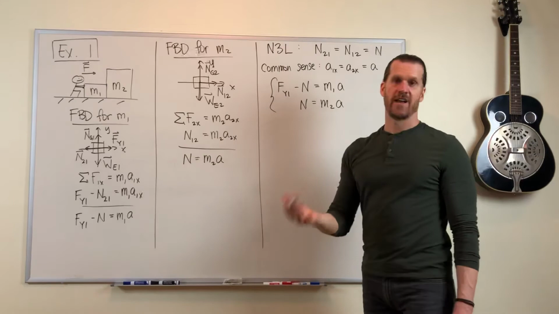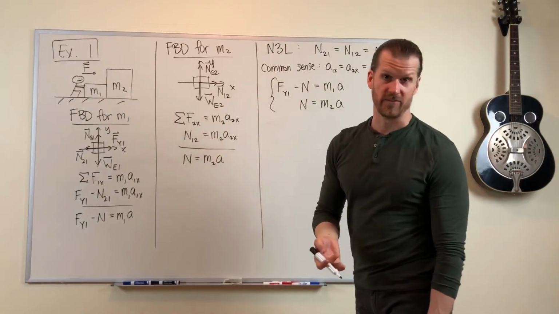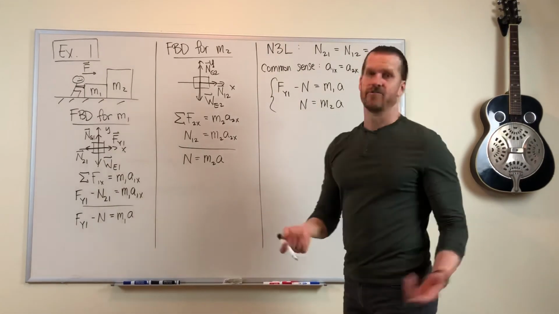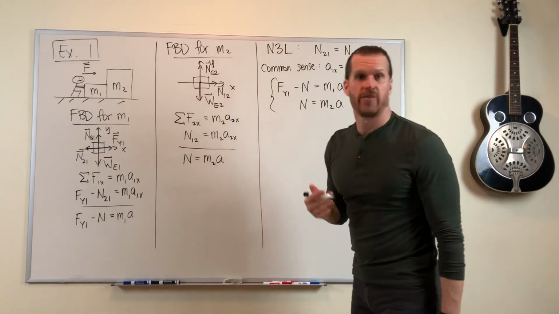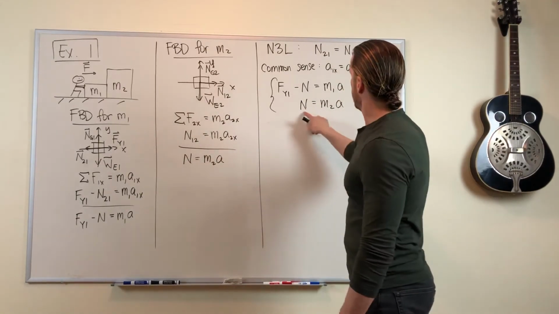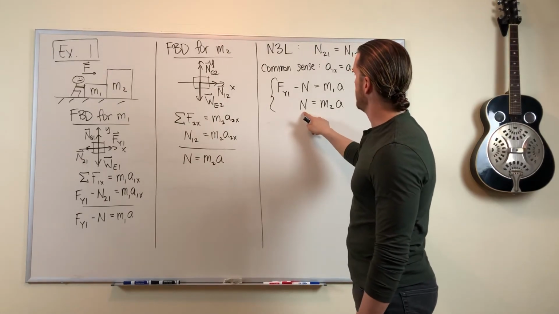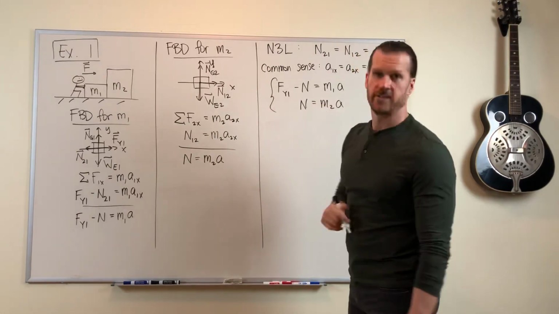And you can use your algebra skills to solve this system of equations. Now, in algebra class, you'll learn several ways to do this. I'm going to do it by substitution. So I'll substitute this value for N in the bottom equation into the top equation.